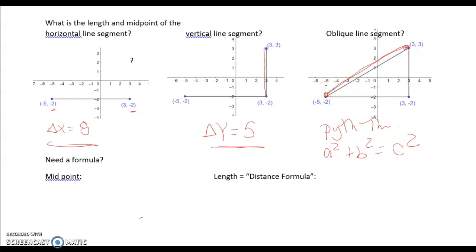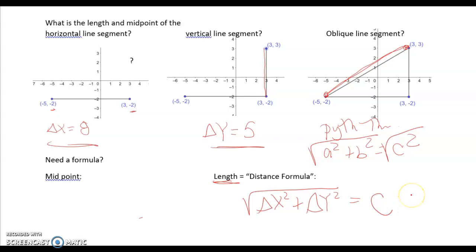We need to find c, and our formula, I'm going to give it to you down here, is the square root of the change in x squared plus the change in y squared, and that's the length of an oblique line segment.